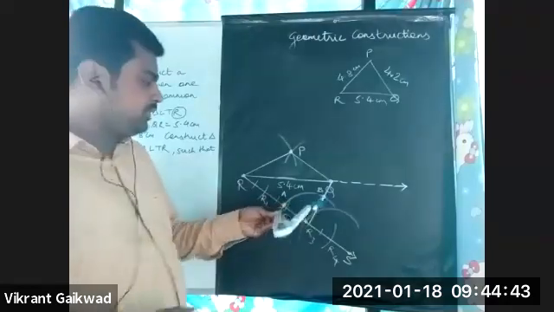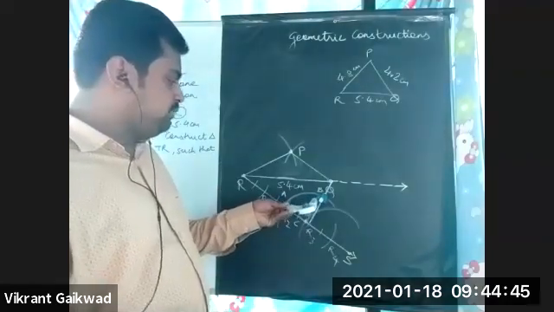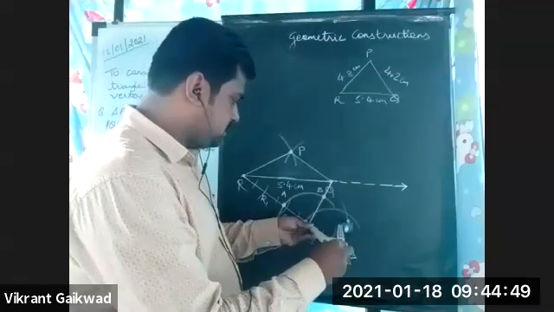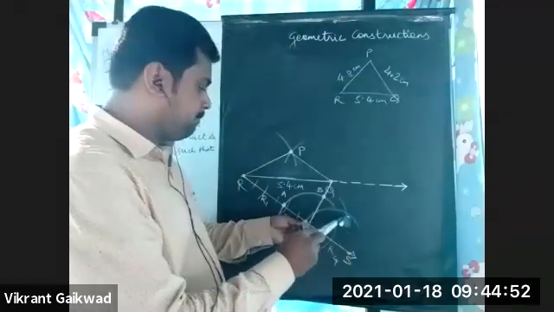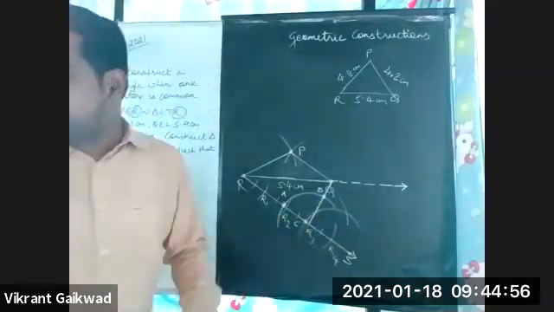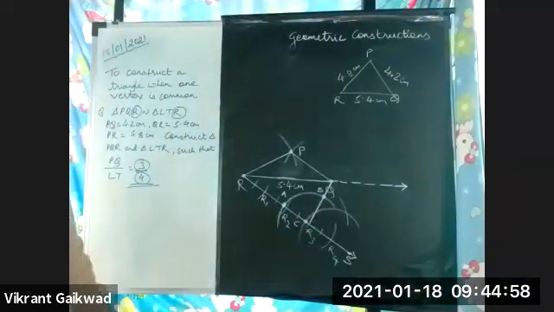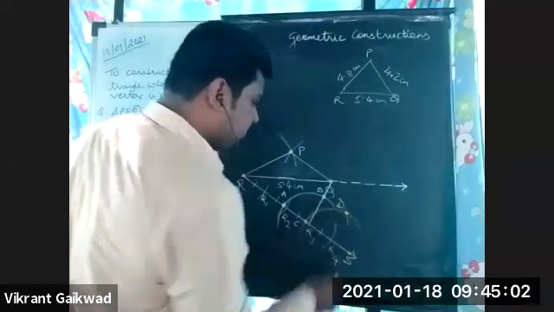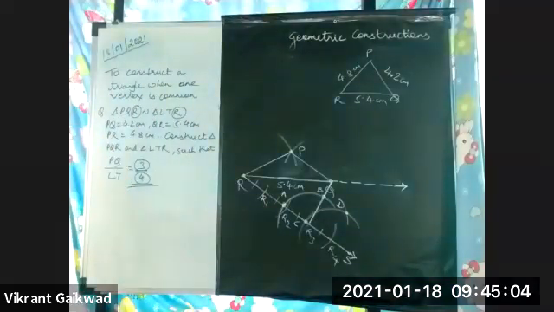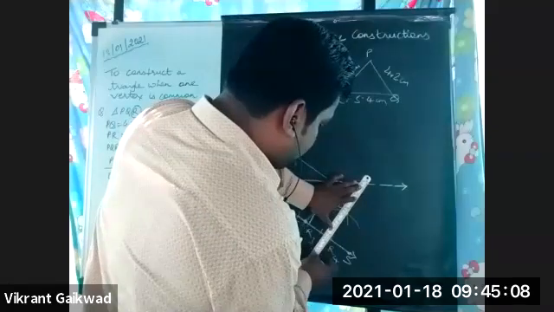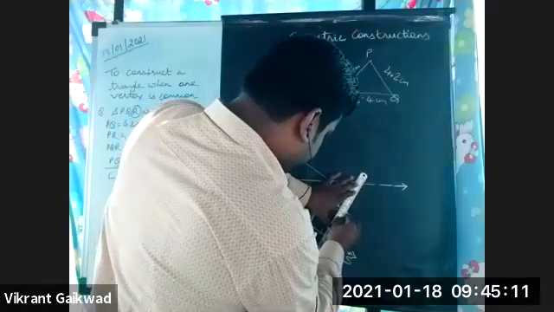Okay? I'll take the distance of AB on your rounder from point C. We get another arc. We get that as point D. Join R4 and D. Okay.